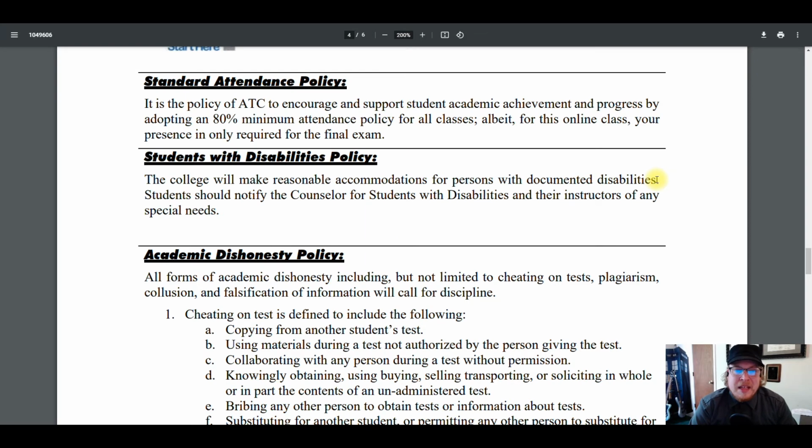Attendance policy. It's the policy of Aiken Technical College to encourage and support students in academic achievement and progress by adopting an 80% minimum attendance policy for all classes, albeit for this online class, your presence is only required for the final exam as such. So let me just say this as a rule. You should be checking in at least twice a week in terms of what's going on.